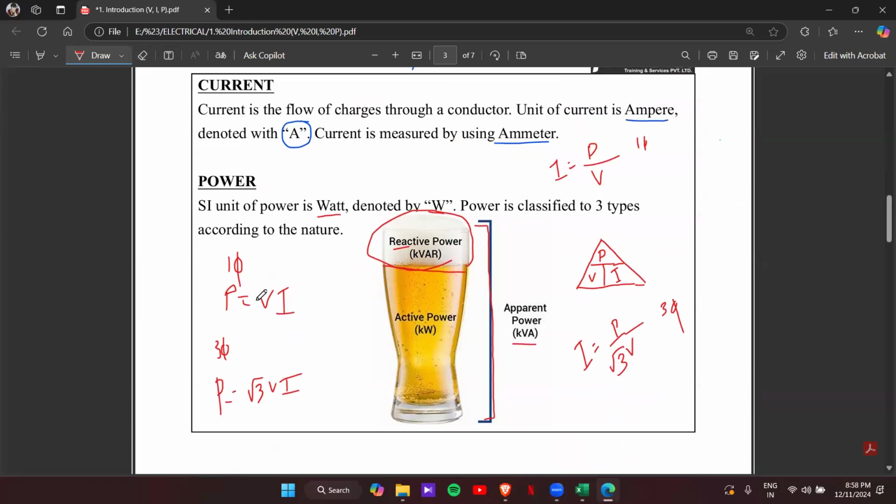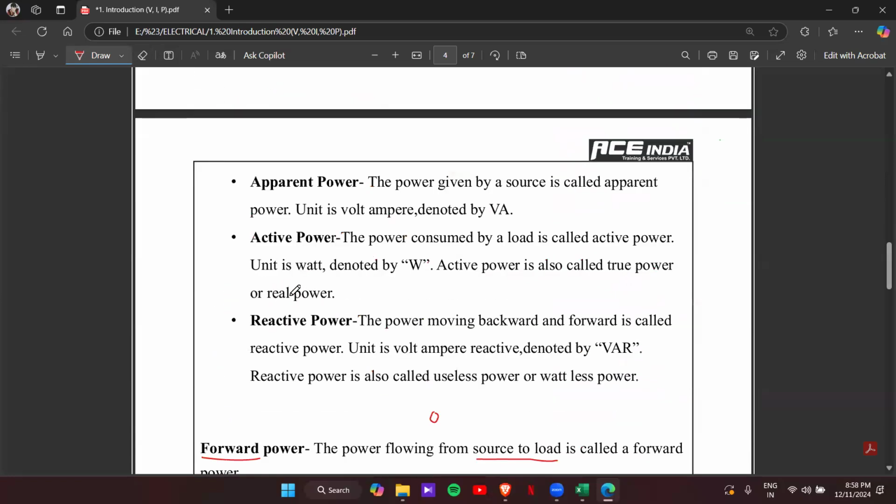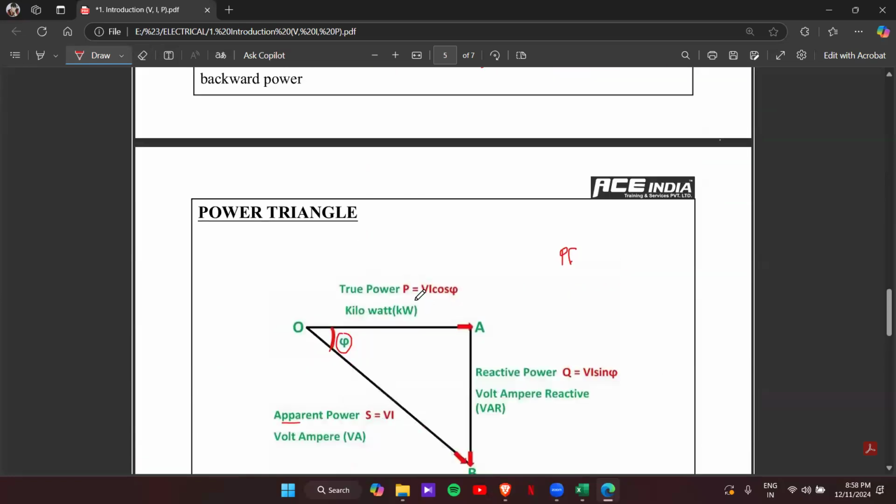These are very important relations. The power is equal to VI equation, the same equation we are using here as well in order to find the power. But for true power, it will be P is equal to VI cos phi, since it is adjacent by hypotenuse. And reactive power is opposite by hypotenuse, that means reactive power is equal to VI sin phi.